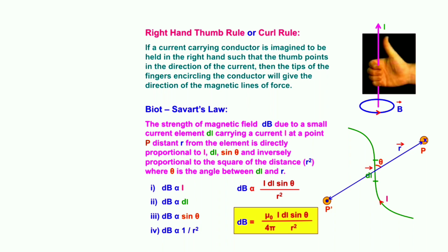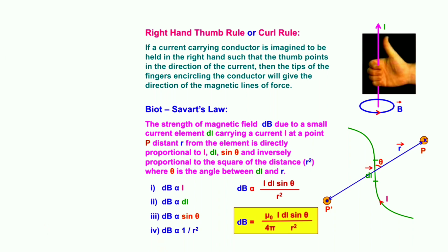So the strength of the magnetic field dB due to a small current element dl carrying a current I at a point P, distance r from the element is directly proportional to I. That means it is directly proportional to the current, dl, that is dB is proportional to dl, proportional to sine theta, and inversely proportional to the square of the distance between them, that is inversely proportional to r square.